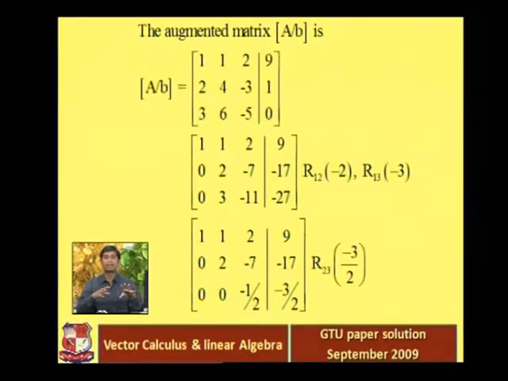The first three conditions are already satisfied, that means first of all the matrix is in row echelon form. But if you want to make the given matrix into reduced row echelon form, then these two conditions should also be satisfied.